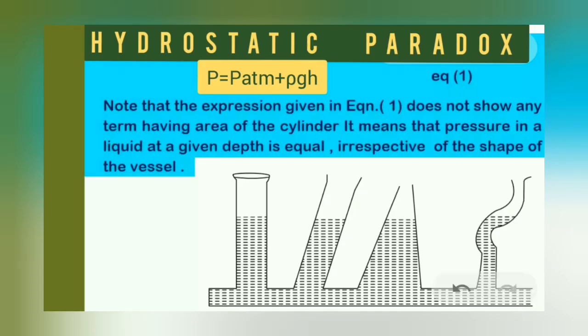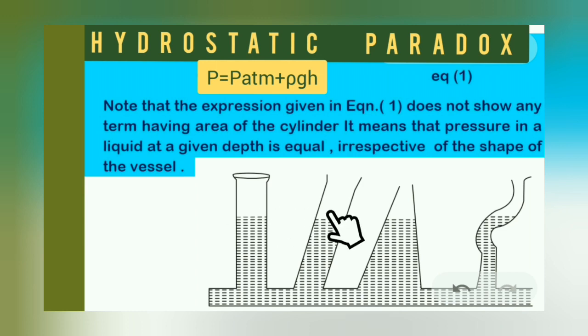We have seen that the pressure at a point is directly proportional to depth. That is, P is proportional to h. P minus P atmosphere is proportional to h. That means it is independent of the area of the cylinder. It means that pressure in a liquid at a given depth is equal irrespective of the shape of the vessel.